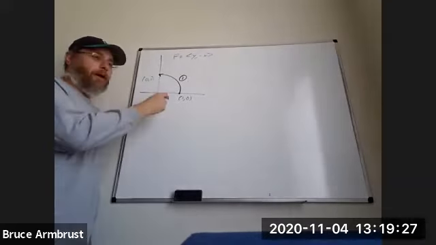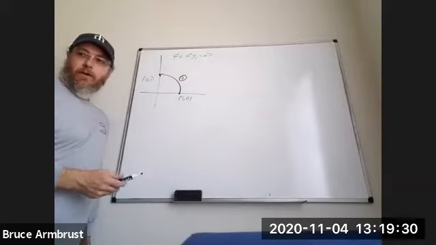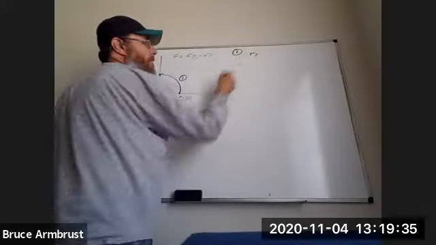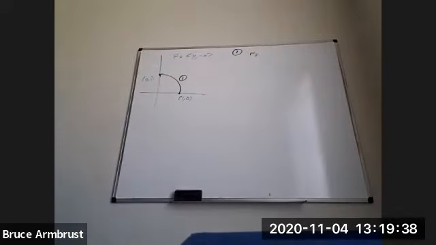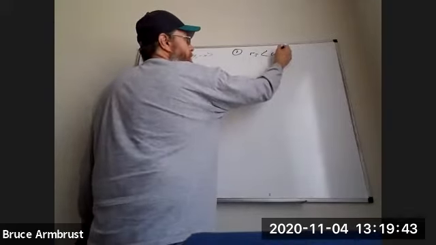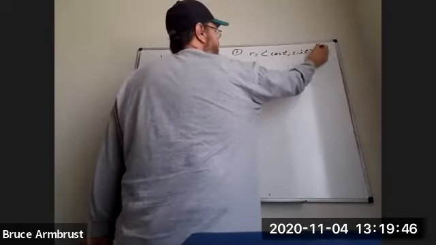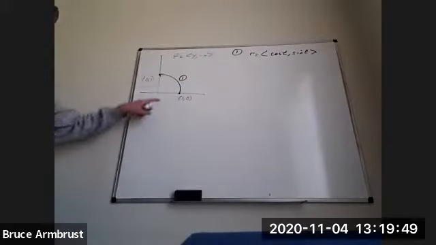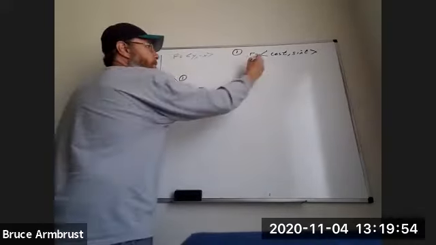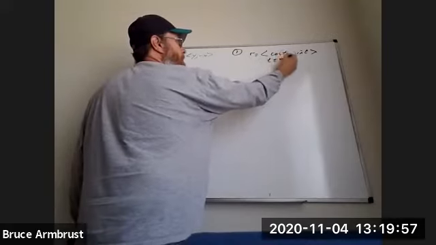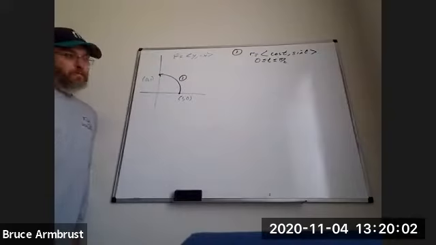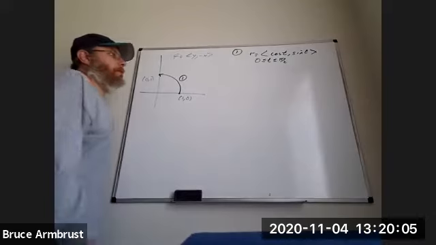Okay, so what was the parameterization for that one? What's a good parameterization for the circle? Yeah, we're going to use x equals cosine and y equals sine. So we'll let r equal cosine of t comma sine of t. And for this path, the t's are going to go from 0 to pi over 2. All right, so let's do it.